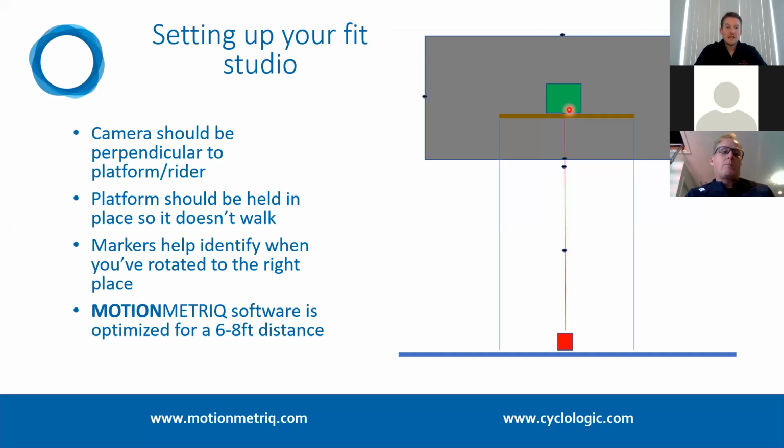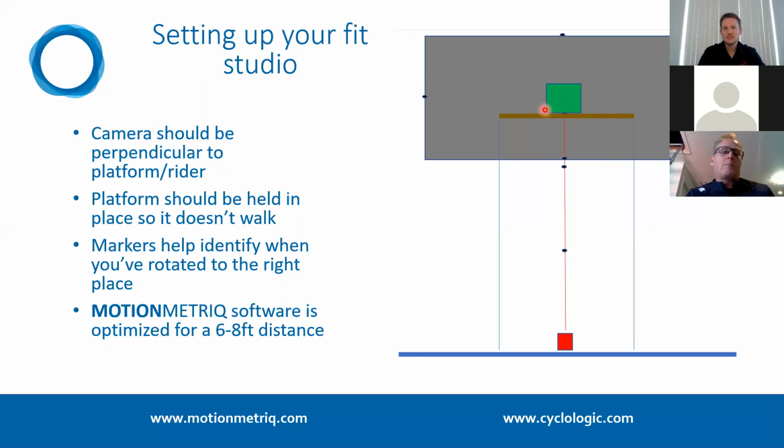So the platform should be held in place so that it doesn't walk. That's a key thing. This block underneath the platform, some of them are round, some of them are square. What we've done is create 4 little strips of wood that we screw to the floor around that box, so that box can't move. And we know then that as we rotate the platform, it's always going to end up in exactly the same place.